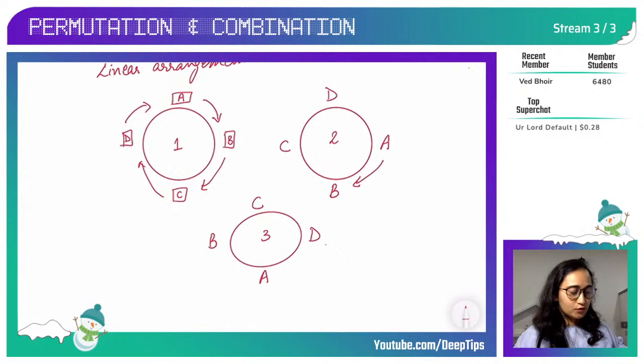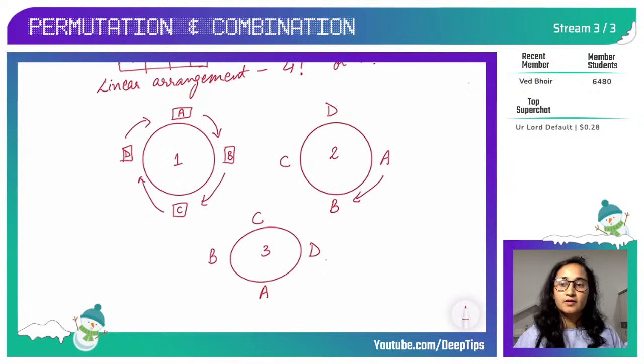So if I keep on doing like this and I ask someone from the outside, okay, just tell me which one is different, that person might be surprised to answer this question, because all three arrangements look the same, because it's a round table, and again A has B and D sitting adjacent to him in the third arrangement also, like it was in the first and second arrangements. So it's not making a difference.